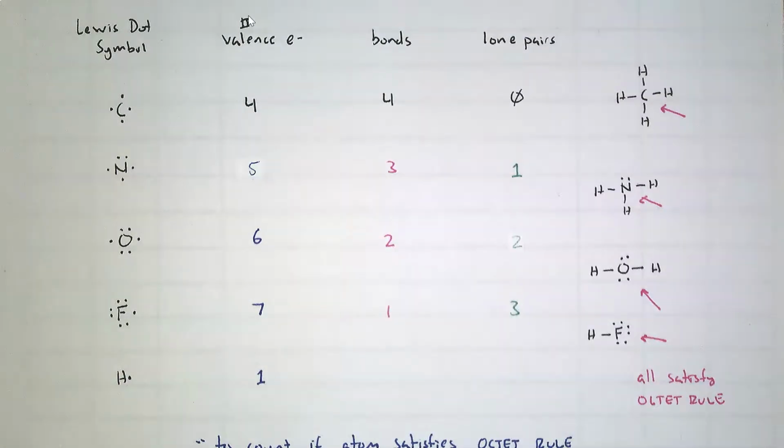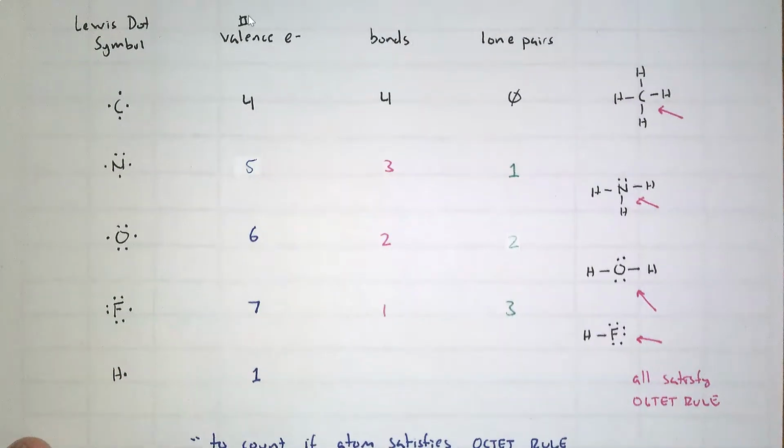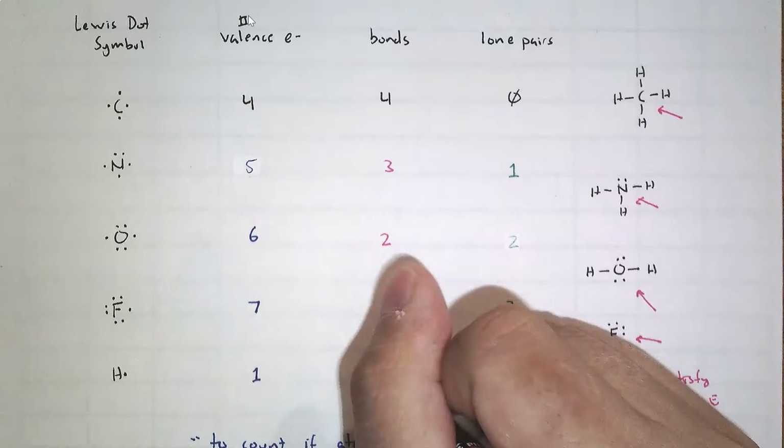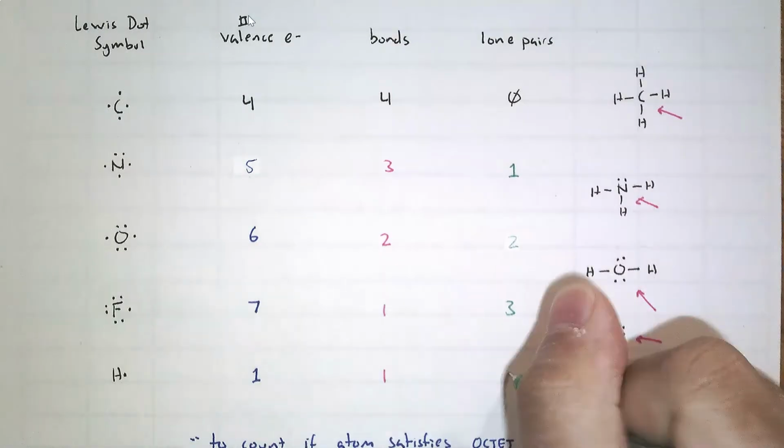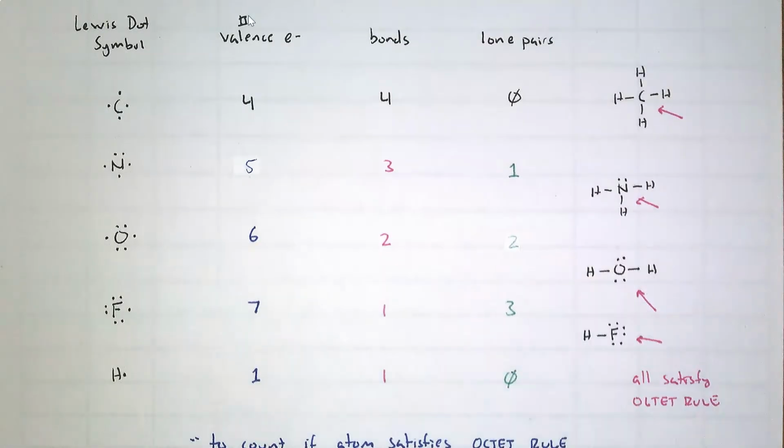Last one is hydrogen. Hydrogen has 1 valence electron, but it doesn't need 8 electrons to fill its valence shell. Its valence shell is n equals 1. It only needs 2 electrons. This will be 1 bond and 0 lone pairs. Our example for that is simply H2.